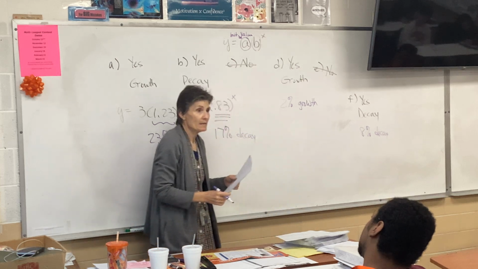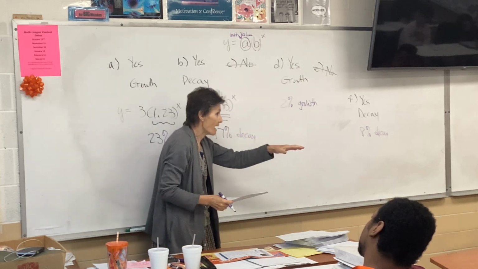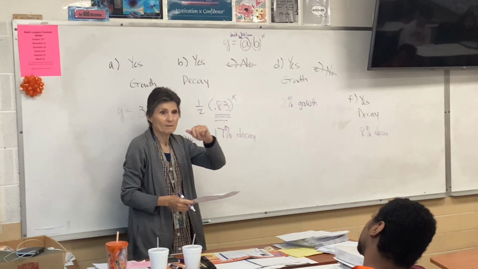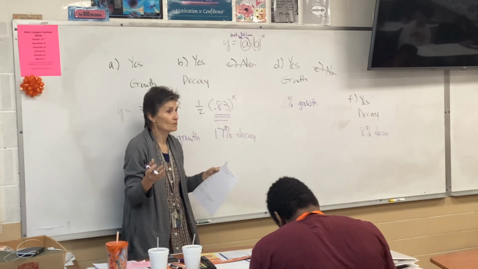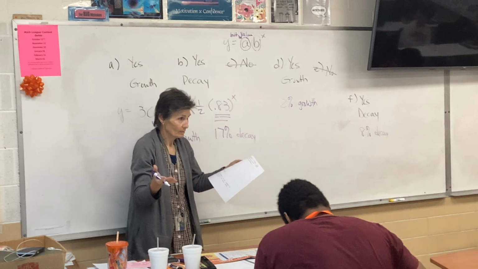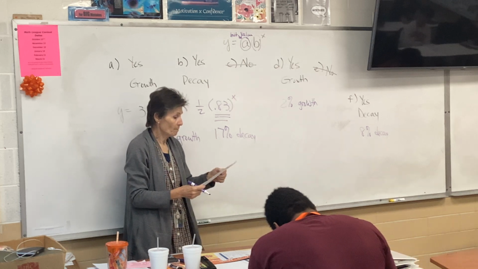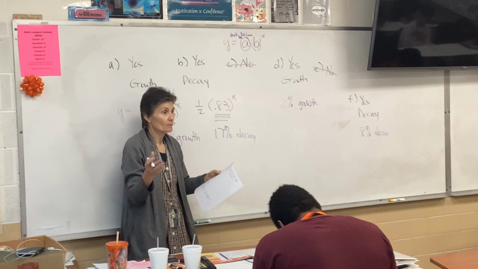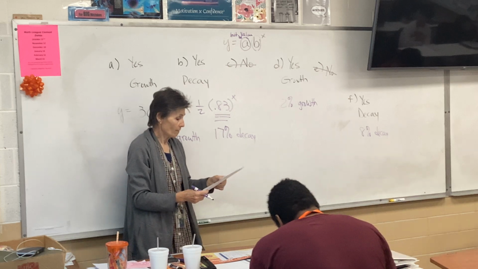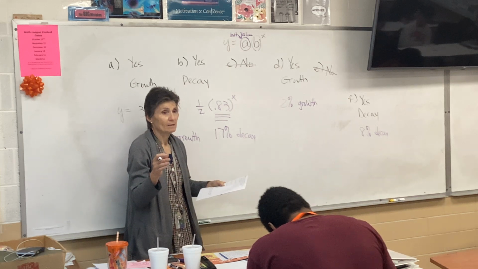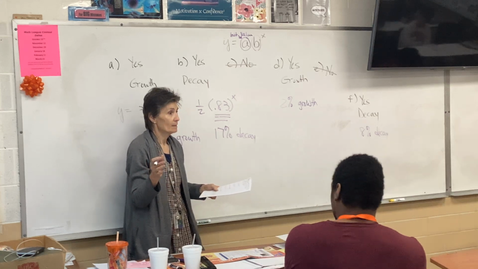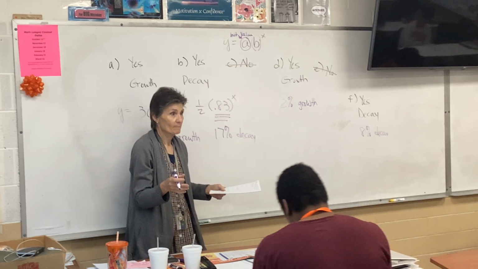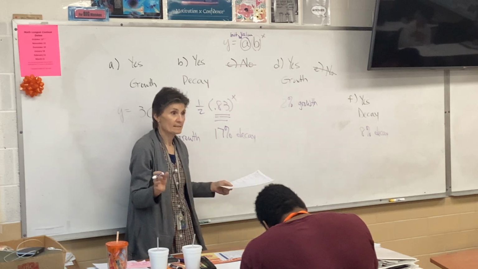So A, the number A, the one that doesn't have the X, is going to be your initial value. So for problem A, our initial value is 3. For problem B, it is 1/2. For problem C, it is 100. And for problem F, it is 3.6. Easy.